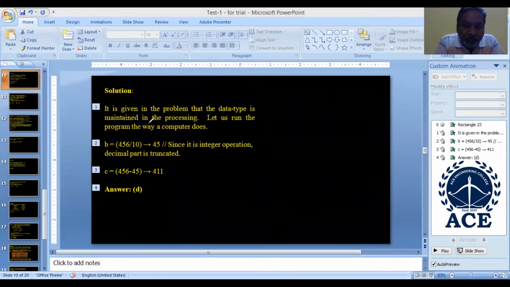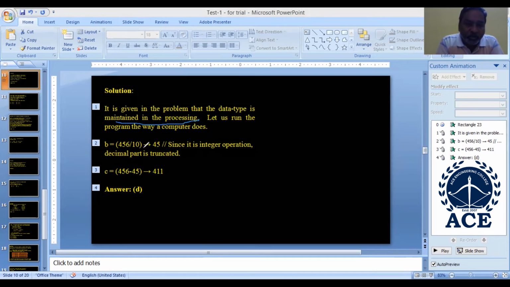is given this way. It is given in the problem that the data type is maintained in the processing. Let us run the program the way the computer does. First, what is computed is B is equal to 456 by 10. Now you see, actually 456 by 10 is equal to 45.6.